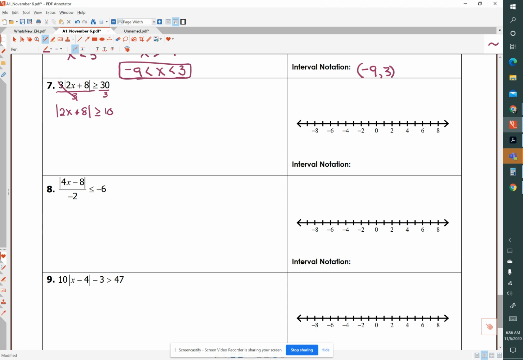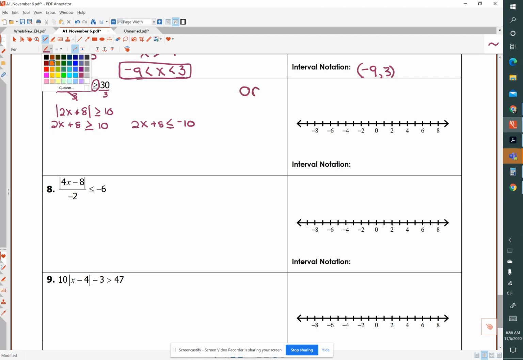Now we can make two cases because our absolute value has been isolated. 2x plus 8 is greater than or equal to 10. 2x plus 8, switch the sign. So we started out with greater than or equal to, so we will have an or inequality.